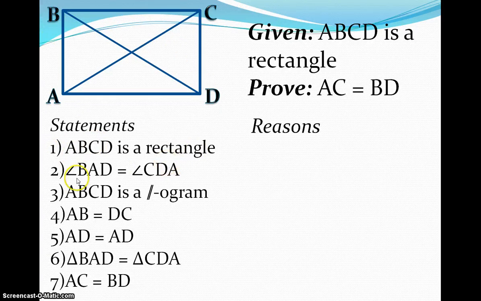I would then be able to conclude that angle BAD is equal to angle CDA. And then I would go so on and so forth. So with this said, draw this figure here and try to put some of the information into it as you go down, but give me the reasons for our next class. So I will leave you with that to try, and have a good rest of your day, and we will see you next class period.